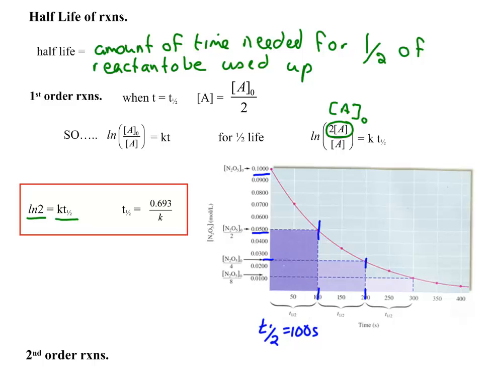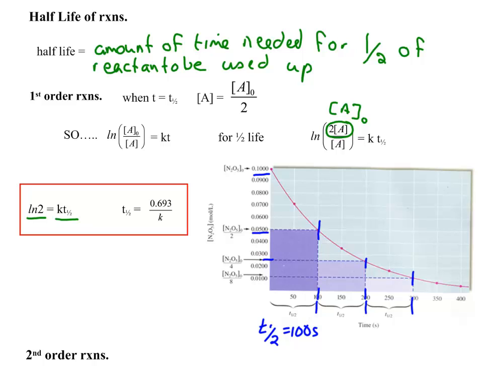That's another 100 seconds. If I'm going to go to 0.0125, that's half of my previous concentration. That's to here. That's another half-life. So I have gone through 1, 2, 3 half-lives, and I am down to 1/8 of my original starting amount.